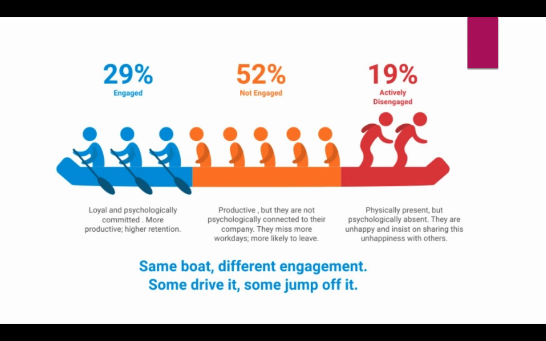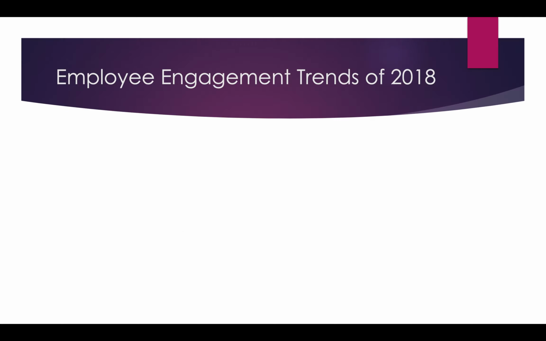Next week, we will discuss designing a motivating work environment, but I want to give you some sneak peeks, if you will. What I thought was interesting, I found this article about employee engagement trends of 2018. So this was a little over a year ago now.